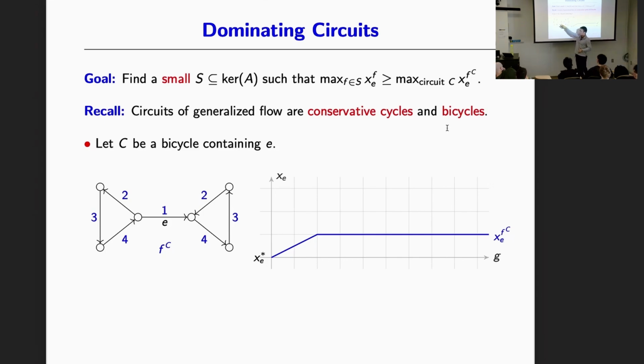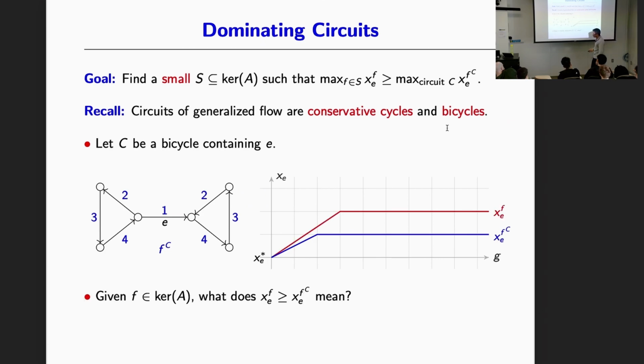These blue numbers are just the flow that's induced by the bicycle, and I've drawn here the simple curve associated with this bicycle on arc E. So what does it mean for a kernel vector to dominate this circuit? Let's say I give you a kernel vector f, and the red curve is its simple curve on E. So both of them contain E.